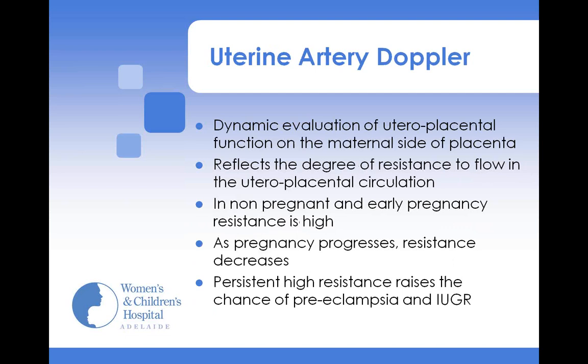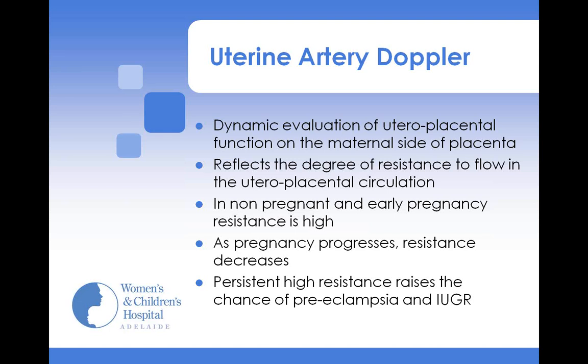So I'd like to start with talking about uterine artery Doppler. Even though it's not strictly a fetal Doppler, it does address uteroplacental function. So it is a dynamic evaluation on the maternal side of the placenta and reflects the degree of resistance to flow in the uteroplacental circulation.